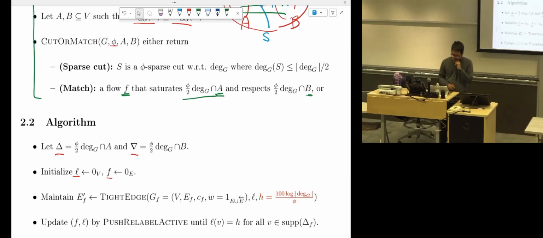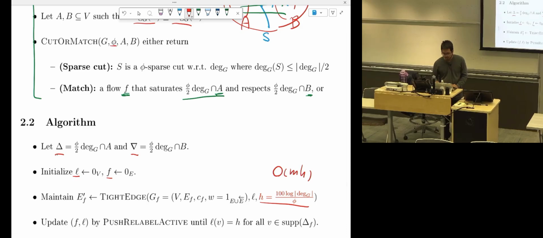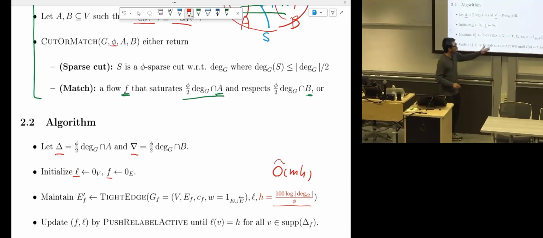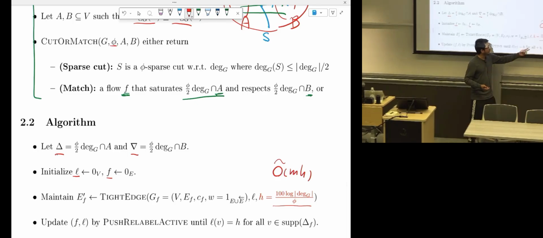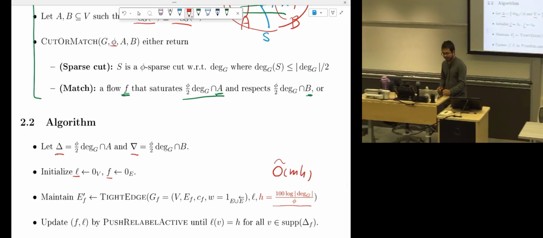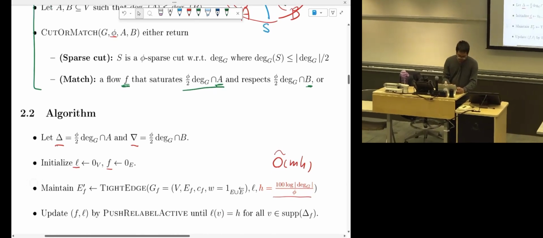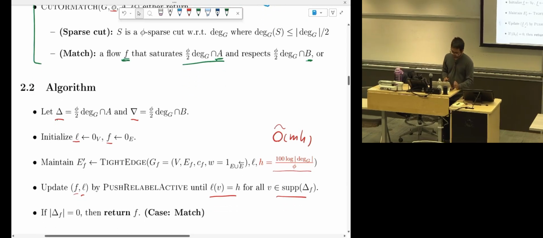At the end the running time is m times H, which is small when H is small. What we do next is push and relabel the active nodes, updating F and L, until every node with excess is dead, like before.